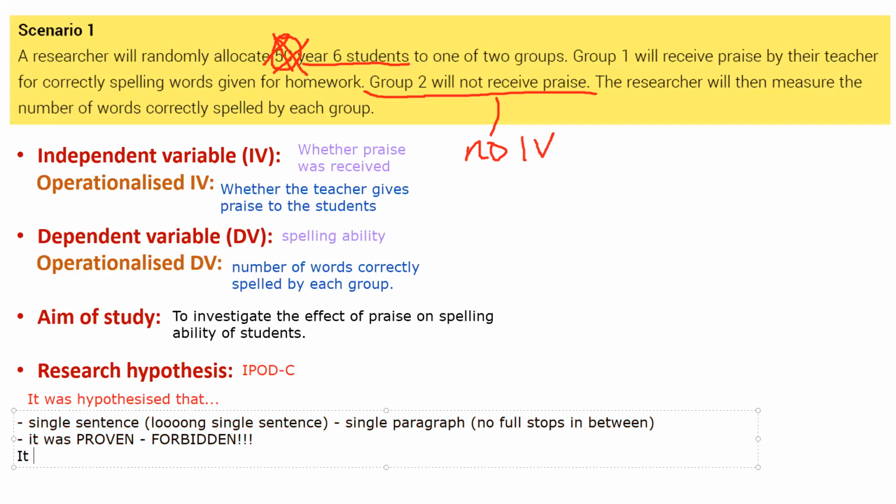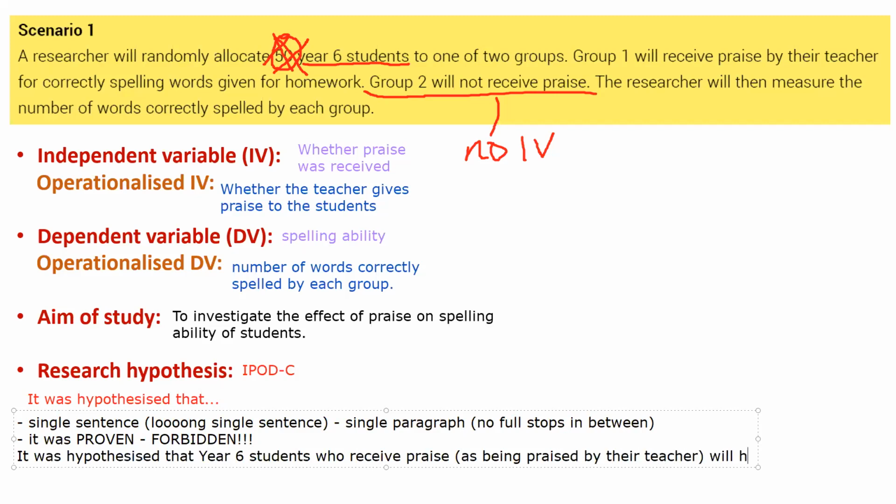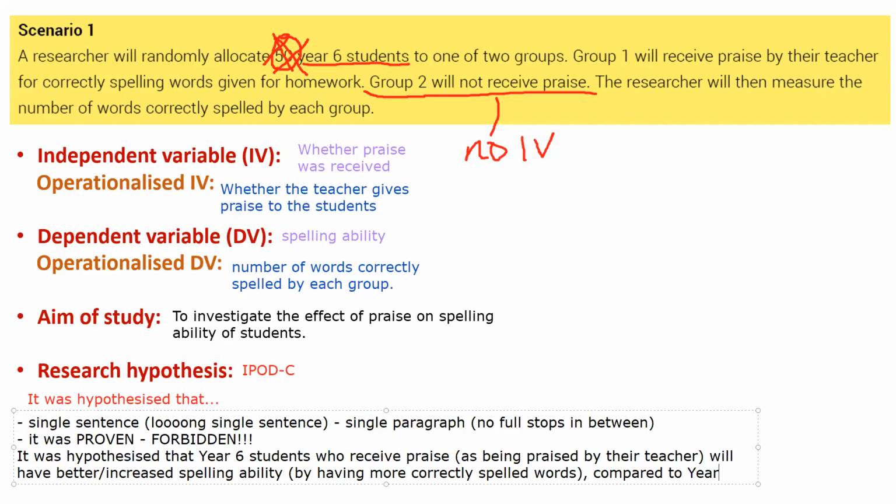Okay, it was hypothesized that year 6 students, so that's our population, who receive praise as being praised by their teacher will have better, or you could even say increased spelling ability, by having more correctly spelled words compared to year 6 students who did not receive praise.